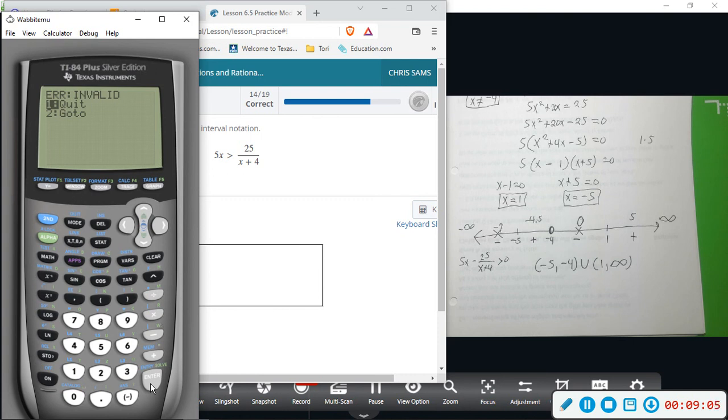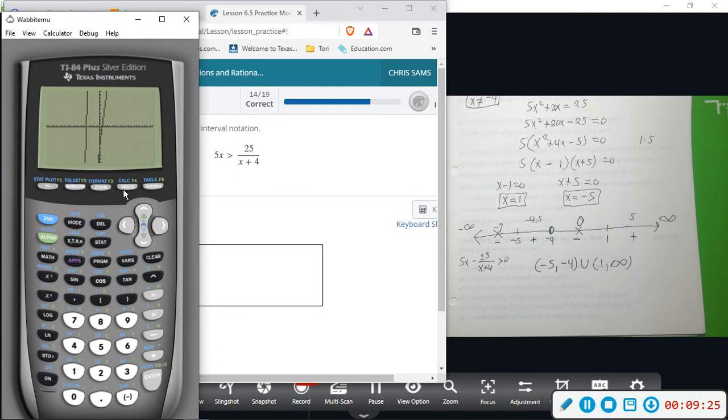So if I were to go to window, let's quit first. I go to window, and then I change my X minimum. Let's just say I want to change it to negative 20 and positive 20. So now it will allow me to take inputs up to 20 now that I've made my window longer.